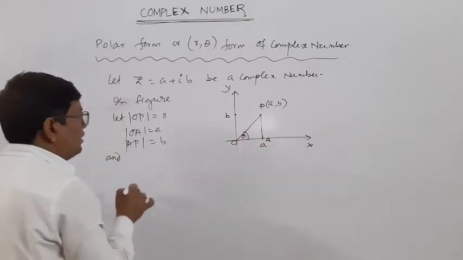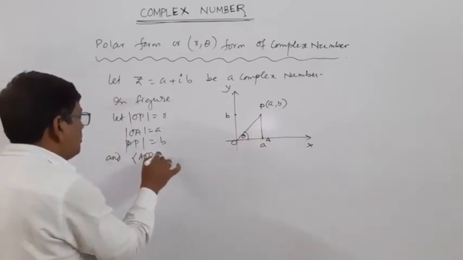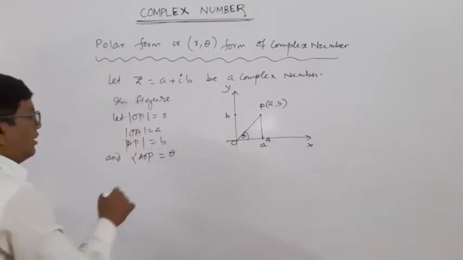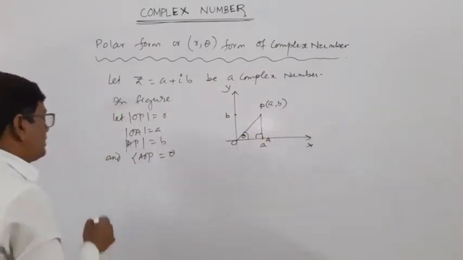Suppose angle AOP is equal to theta. Then in triangle OAP, angle at A is 90 degree.